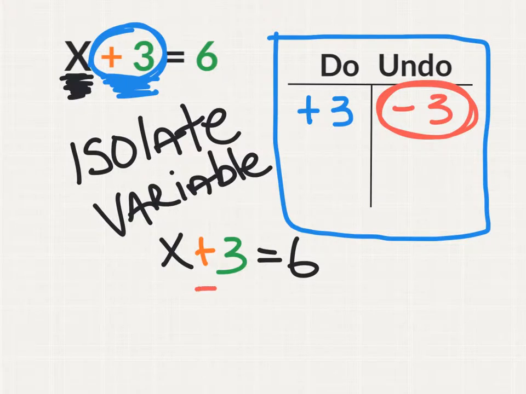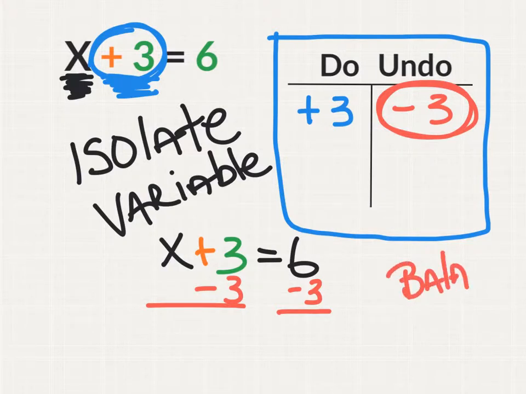We subtract 3 from both sides of the equal sign. Now remember, it's both sides because the second most important thing after isolating the variable is maintaining balance. We must have balance, and we can only have that if whatever operations we conduct on one side of the equal sign, we also do on the other.